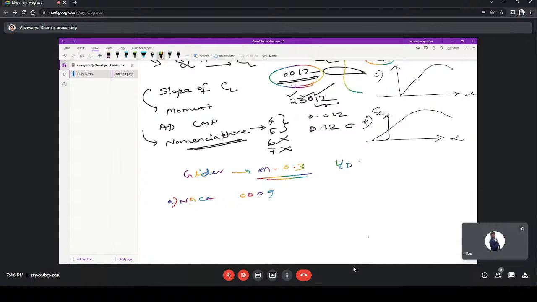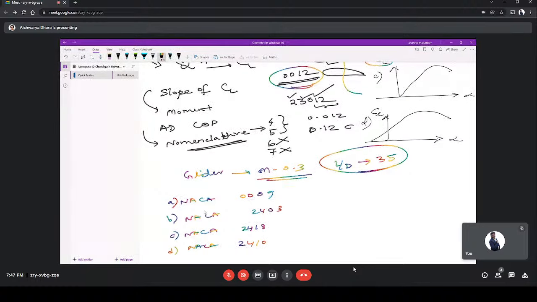And lift produced will be around 35, and Mach number is 0.3. Which airfoil is going to be suitable? Option B is NACA 2403, then C, NACA 2418, and D is NACA 2410.